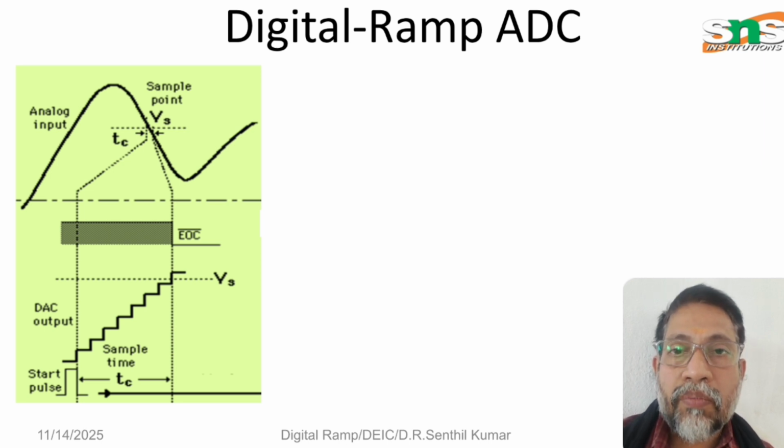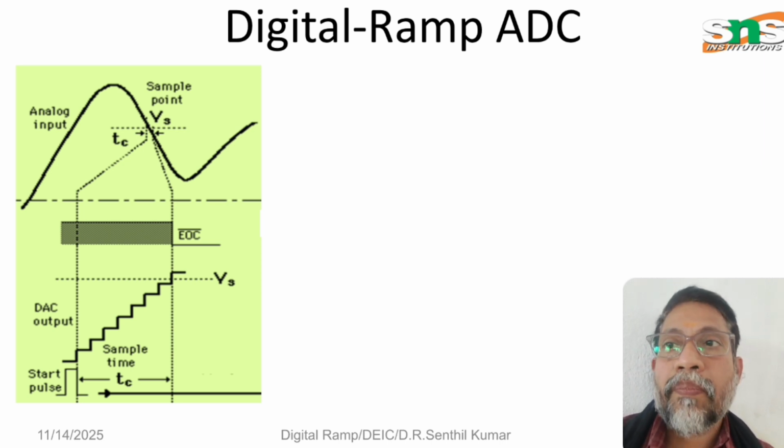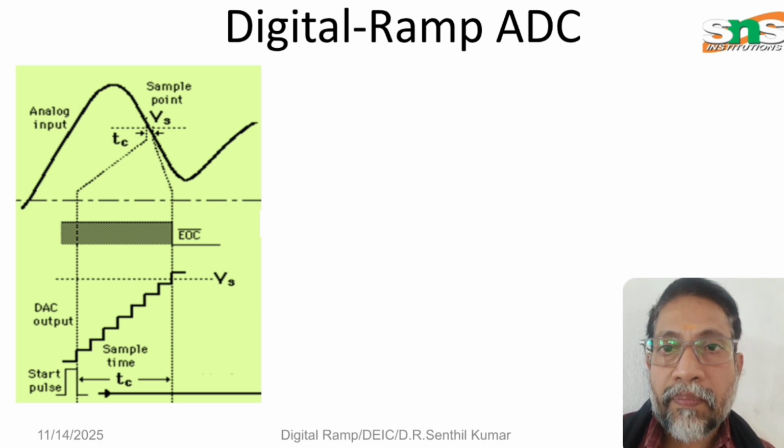It will count from 000 to 111, that is 7. Let me consider that the 7 pulses are given and the counter reaches 7 in digital. This digital value is converted into analog, such that this analog 7 is compared with the sample point.